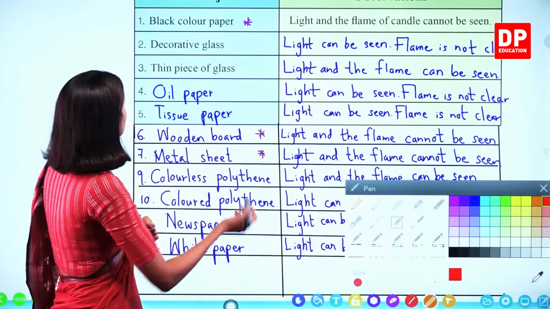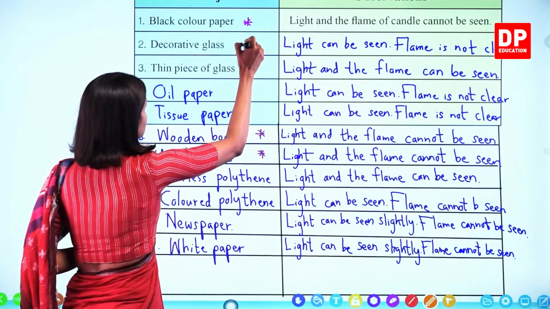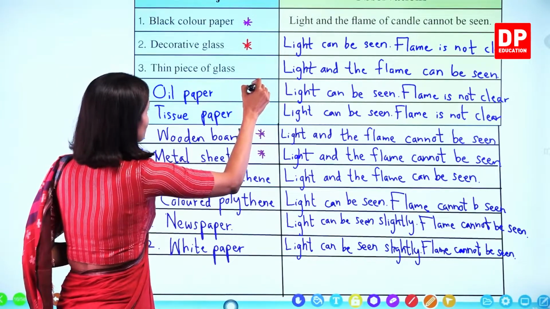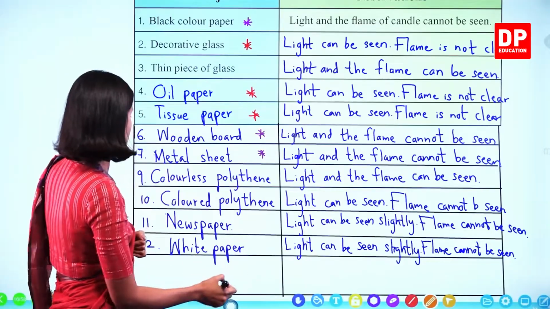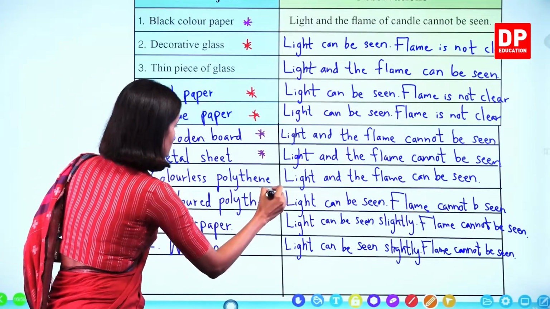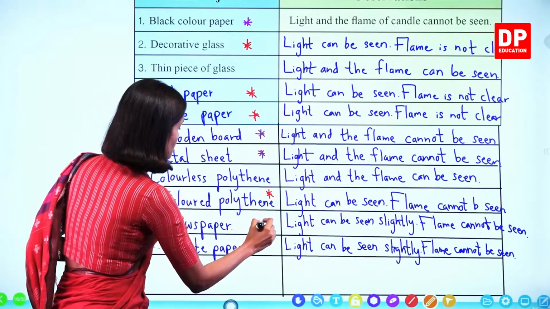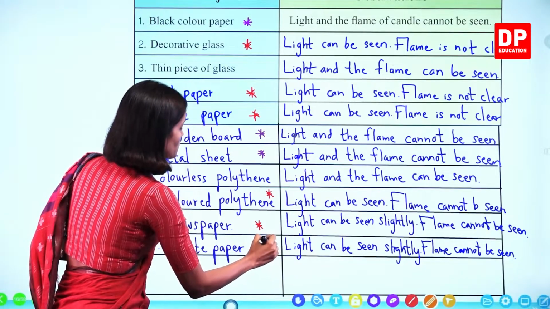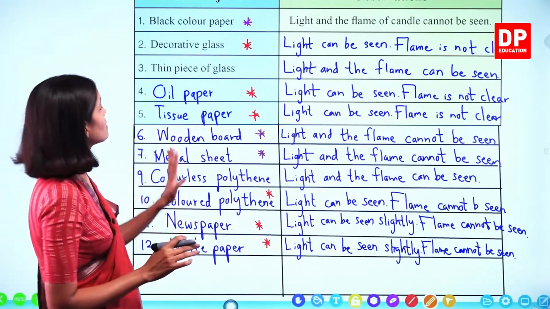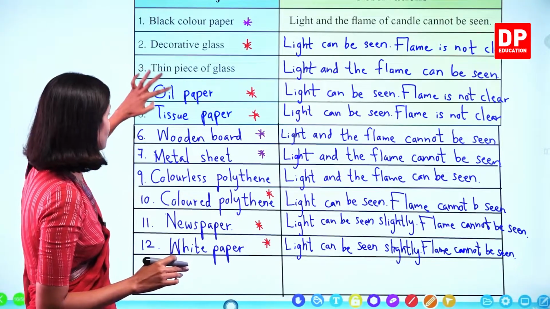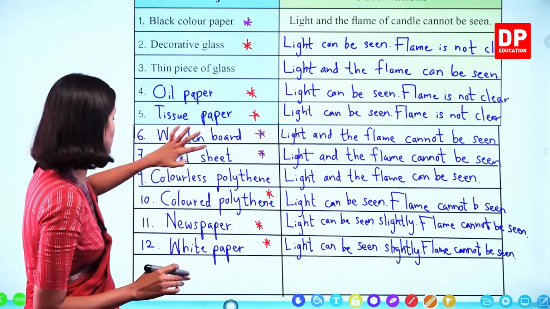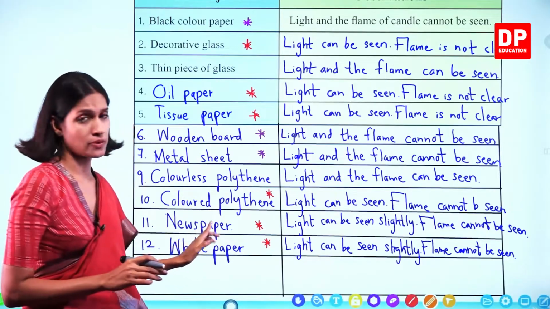Right. Look at this decorative glass. Oil paper. Tissue paper. Colored polythene. Newspaper and white paper. Read them carefully. So decorative glass, oil paper, tissue paper, colored polythene, newspaper and white paper.